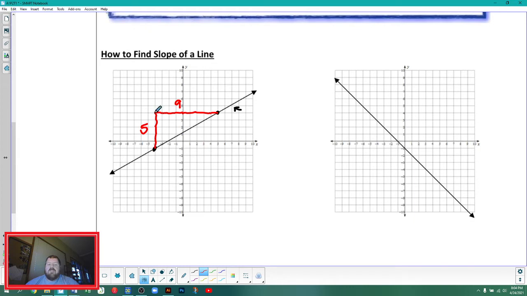I'm going up 5 floors, and it's the 9th door down that hallway. That gives me a slope of 5 over 9. That's not the same as if we would have included this point. It would have been just a slope of up 1 and over 2. This one ends up being a little bit different, so that's why I get really picky when it comes to finding the right points to use.